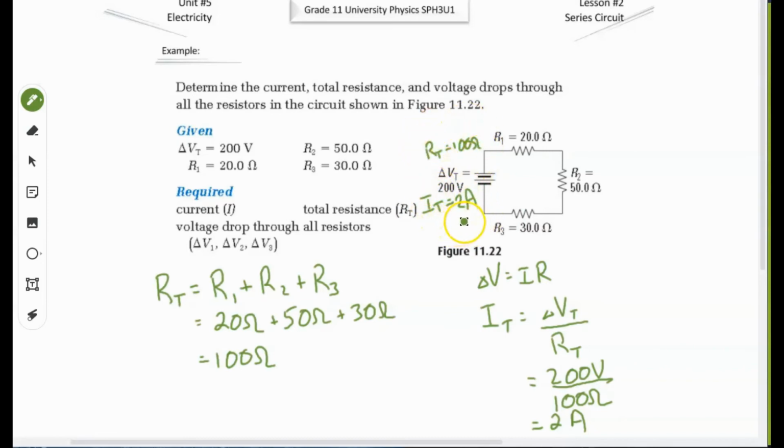Now that we know total current, and we know Kirchhoff's current law, which says that in a series circuit, the current through all resistors and the battery is the same, I know that I1 is going to be 2 amps, I2 is going to be 2 amps, and I3 is also going to be 2 amps.